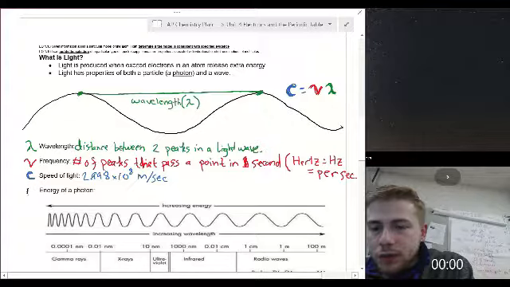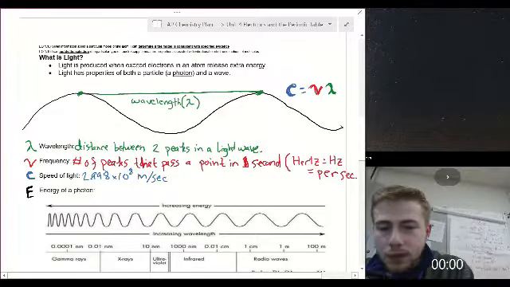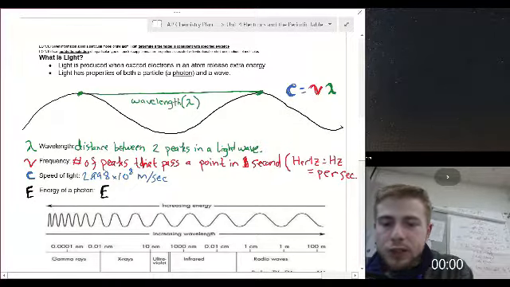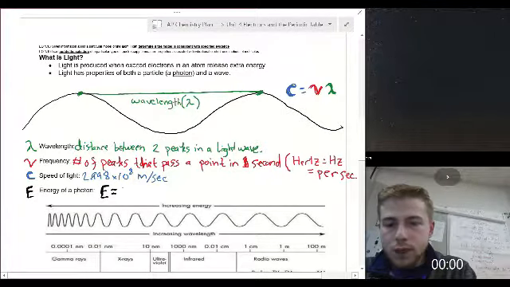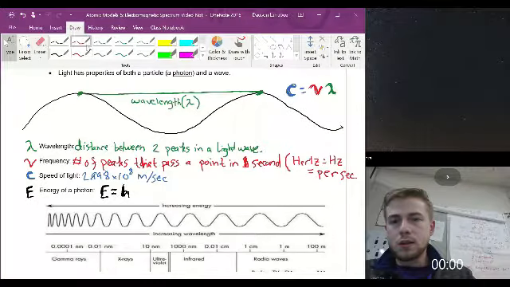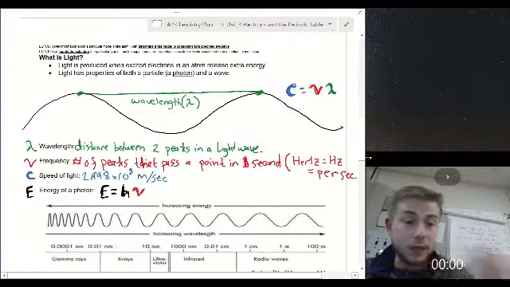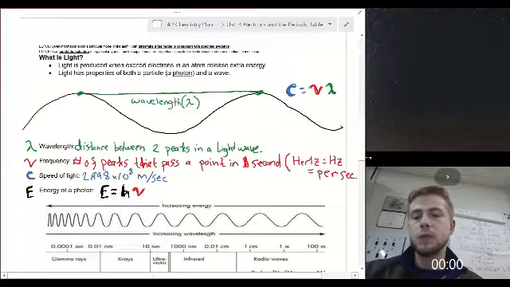So energy of a photon is sometimes symbolized with the capital E, and the energy of a photon can be described with the equation E equals h times nu, or frequency. Energy equals h times frequency.